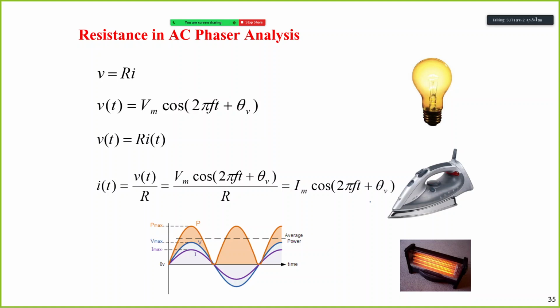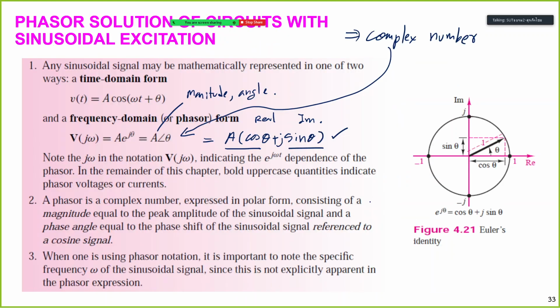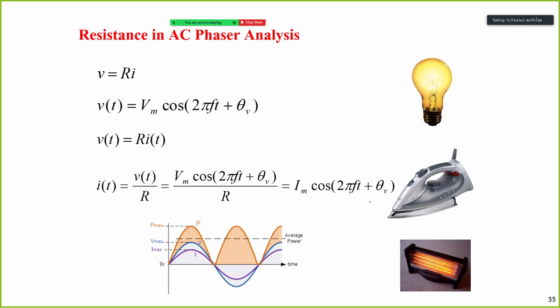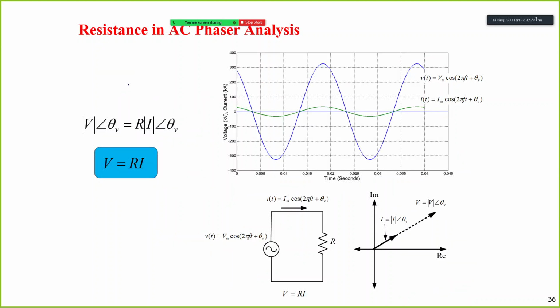Okay, and then when we have the source in phasor form, the load can also be represented in phasor form, right? And for the resistance, it will be just the resistance. The voltage in phasor form and the current in phasor form will have a relation similar to Ohm's law.